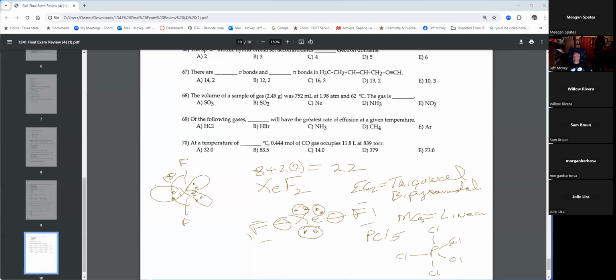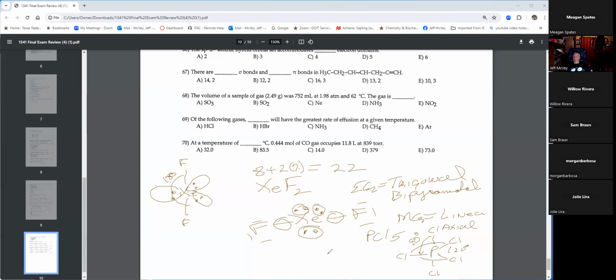Now I've got 120-degree bond angles between all of the equatorial chlorines, and I have 90-degree bond angles between the axial and the equatorial. Okay, so these are the axials. These are the equatorials.